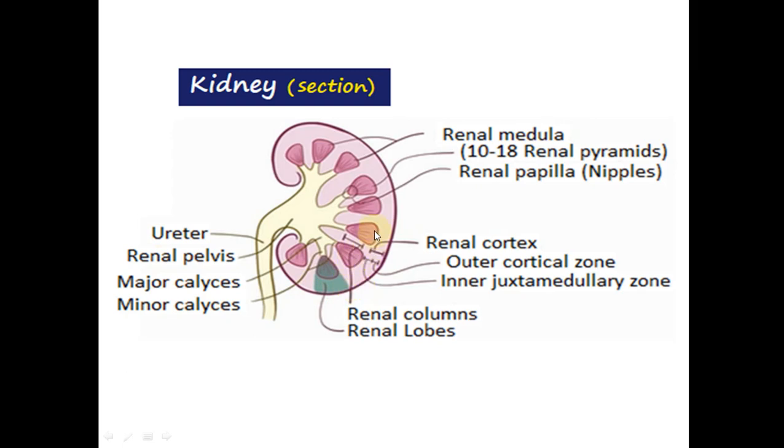The filtered urine passes from the collecting ducts to the minor calyces, then into the major calyces, and then into the renal pelvis, and then flows through the ureters into the urinary bladder, where it is stored, and at the proper time the micturition reflex can be stimulated to pass urine.